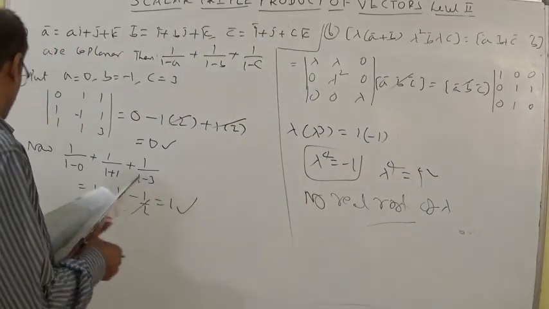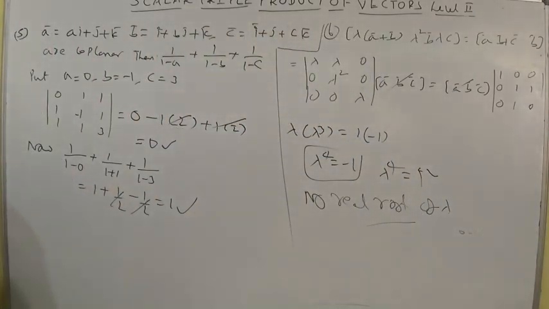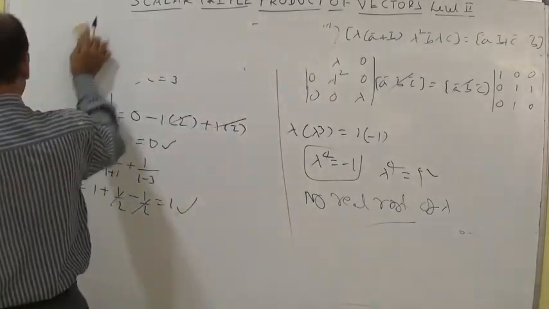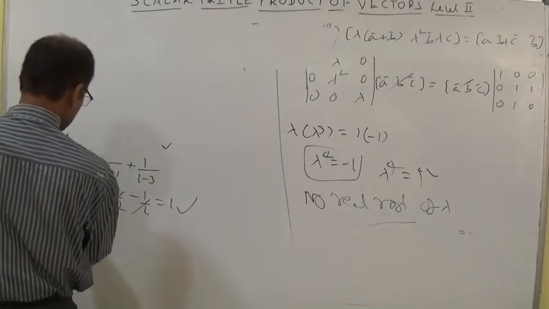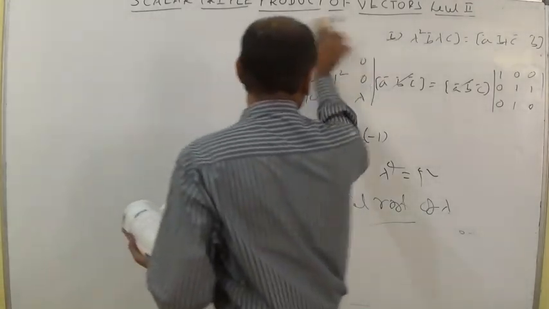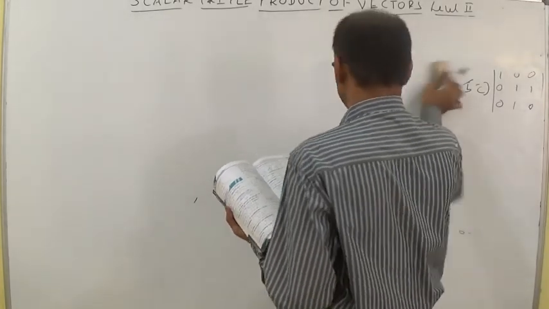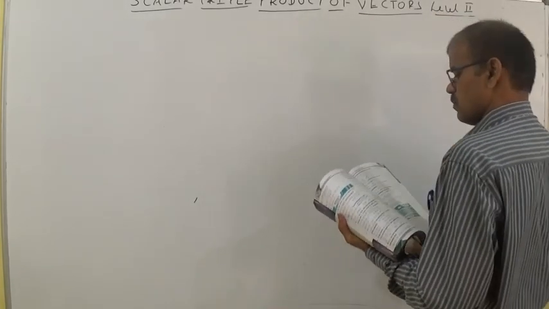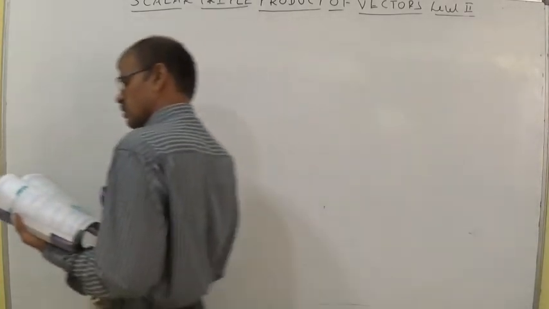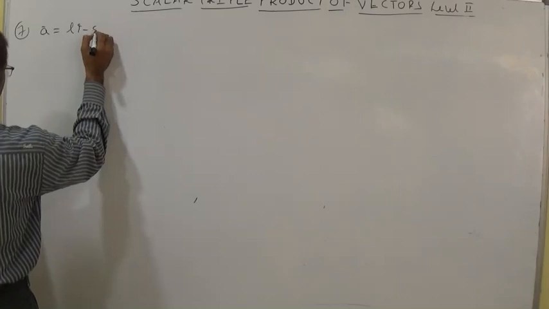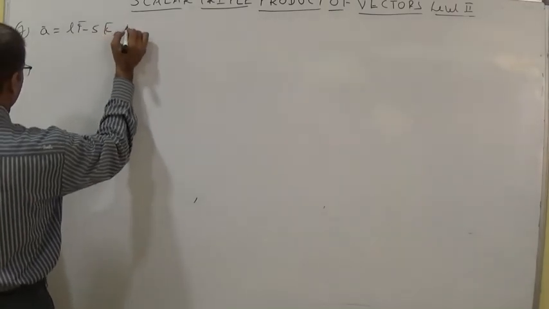Let us discuss the seventh question. For the volume of a parallelepiped, whatever formula we discussed previously, depending on that formula we should calculate this sum. The volume of a parallelepiped having coterminous edges l i minus 5k, data I am writing. Let us name the coterminous edges. You put A bar equal to l i bar minus 5k bar.